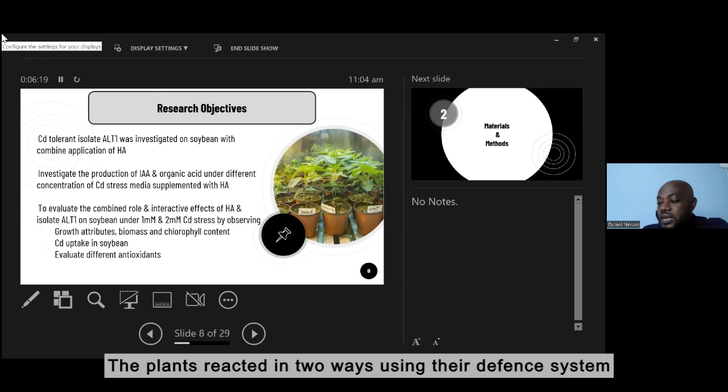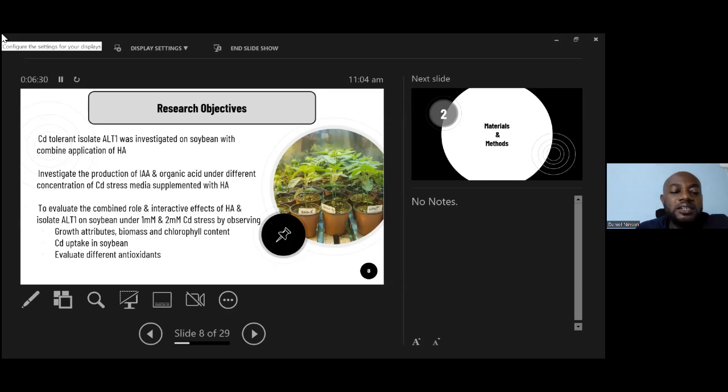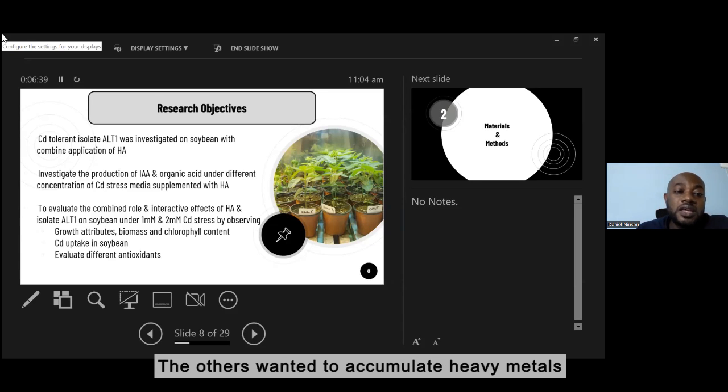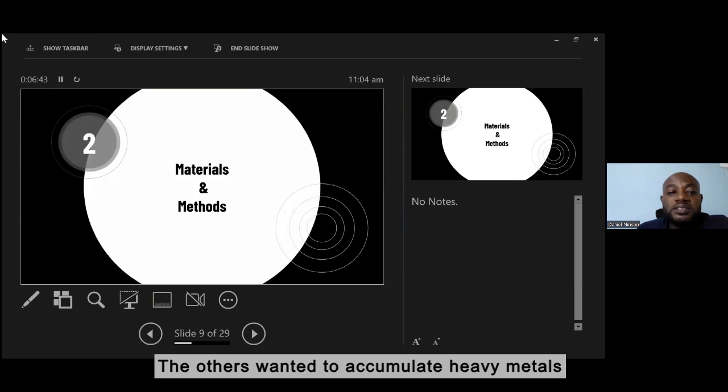Plants will normally react in two ways: by activating their own anti-oxidative defense system. Sometimes they might just want to exclude themselves, or they might want to dislocate or accumulate some of these heavy metals to certain parts of the plants that might not be affected.